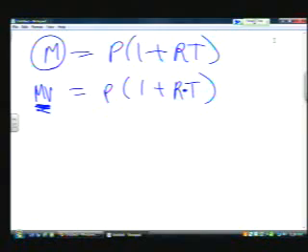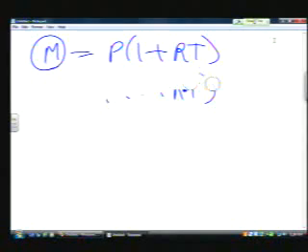Now on page 458, they're going to take the formula and solve it for, in fact, since I can't stand this, I'm not going to substitute the MV for that. Your author says, hey, let's see if we can solve this for P. Now, Courtney, I bet you can solve this equation for P. What do you do to both sides? Divide it by 1 plus RT.